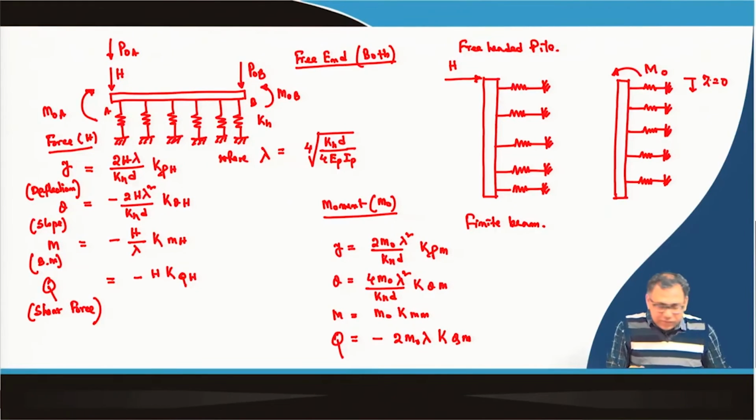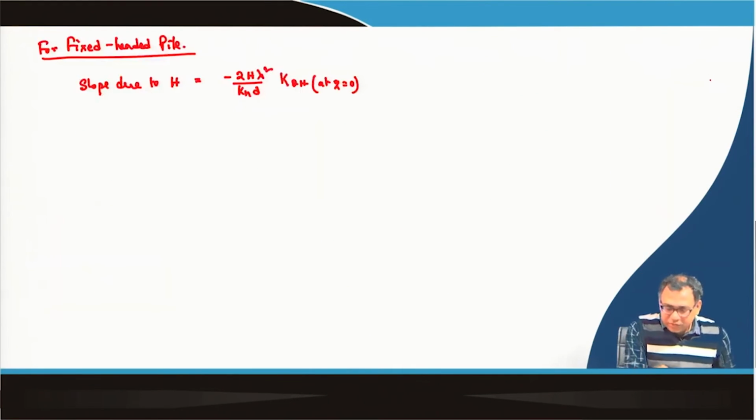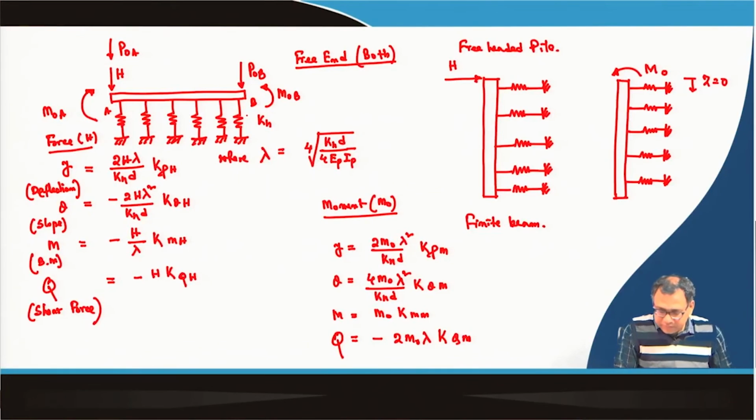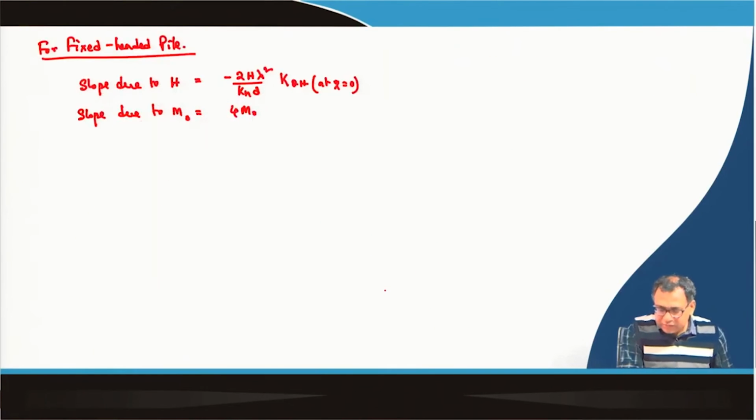Okay. So, this is the slope due to H. Now, the slope due to M0 is equal to 4 M0 lambda square by k h d k theta m at z equal to 0.